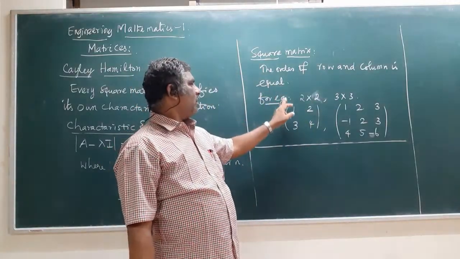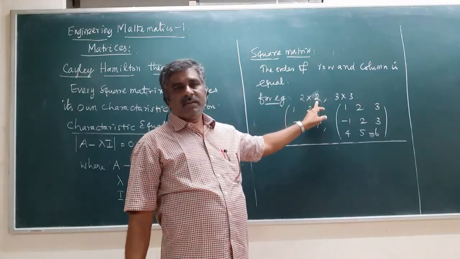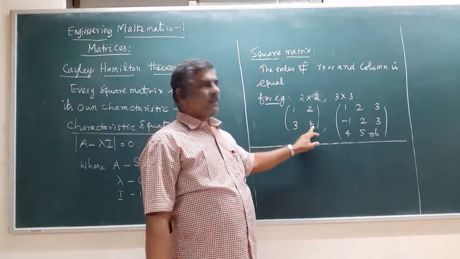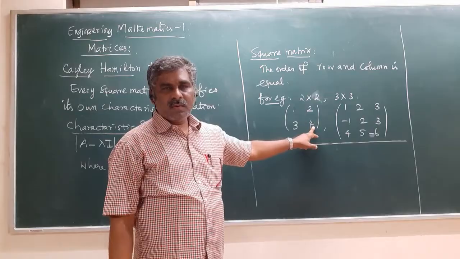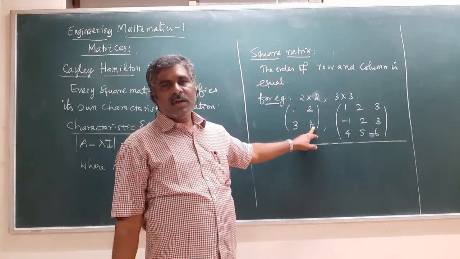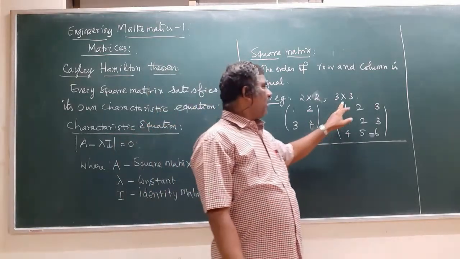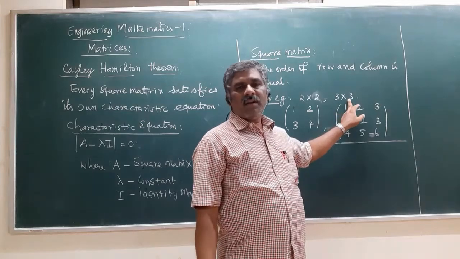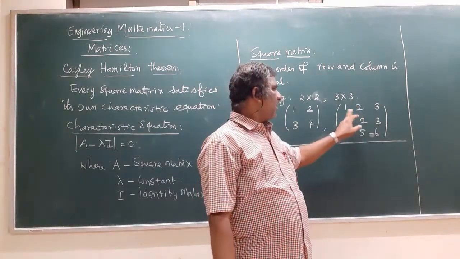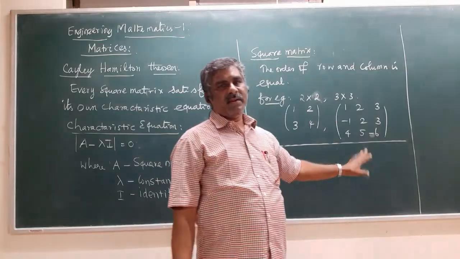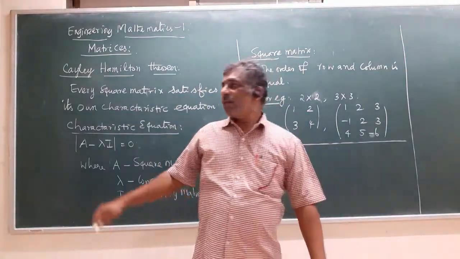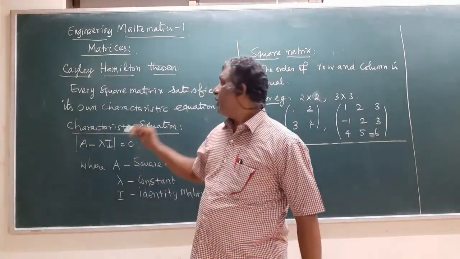For example, a 2 by 2 matrix: 1, 2, 3, 4. The row order is 2 and the column order is 2. Similarly, a 3 by 3 matrix has 3 rows and 3 columns. Okay, that is a square matrix.